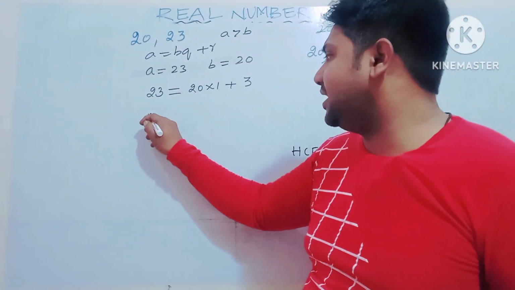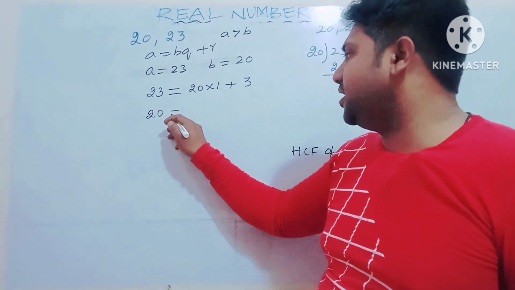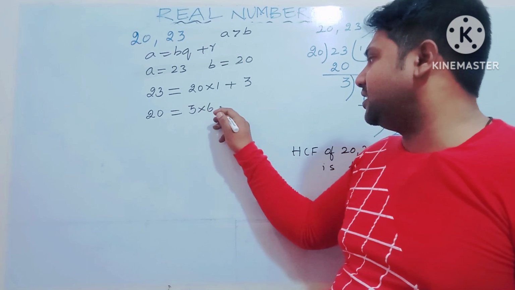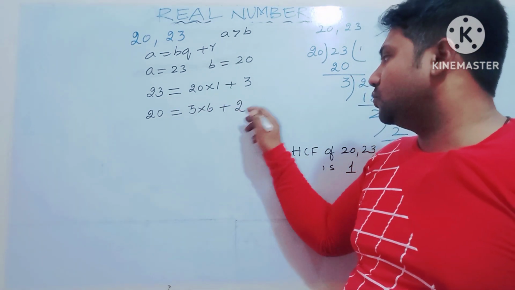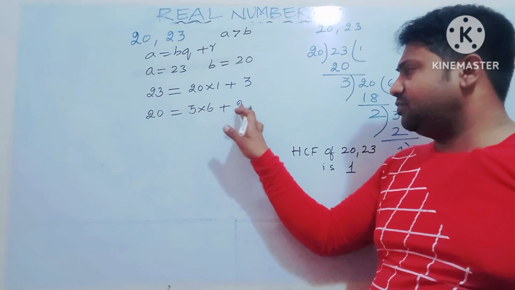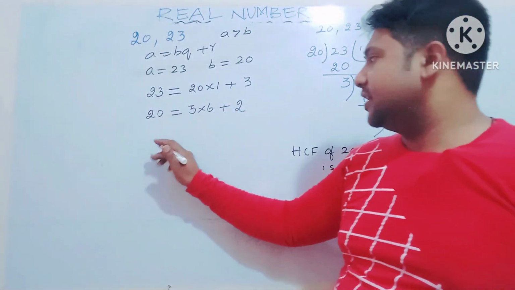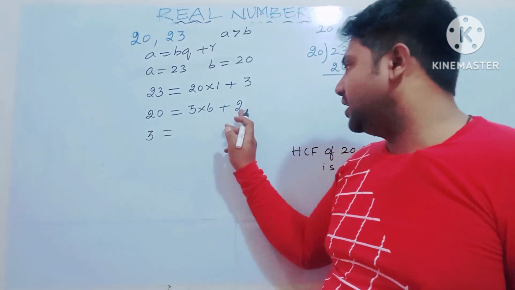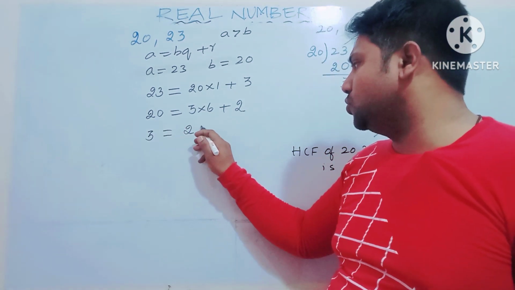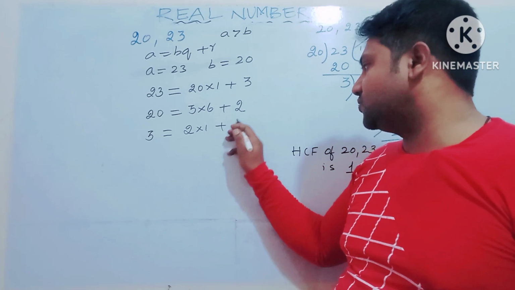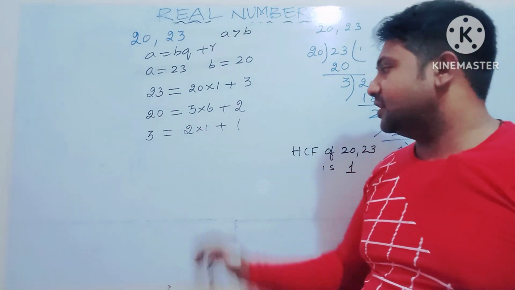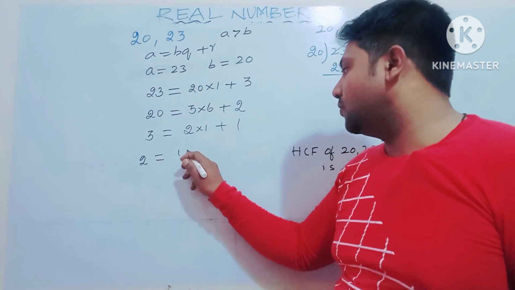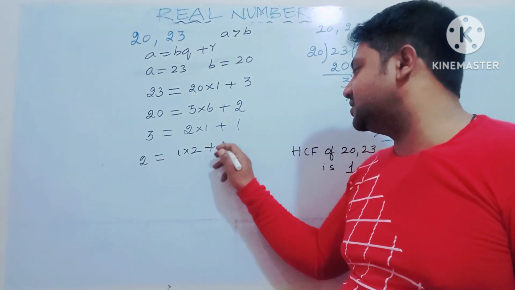Then again this 20 comes here. 20 is equal to, with 3 we should multiply, 3 into 6, 18 plus 2. Am I right? Then 3 comes here, and 2 into 1 plus 1, then 2 comes here. 2 is equal to 1 into 2 plus 0.